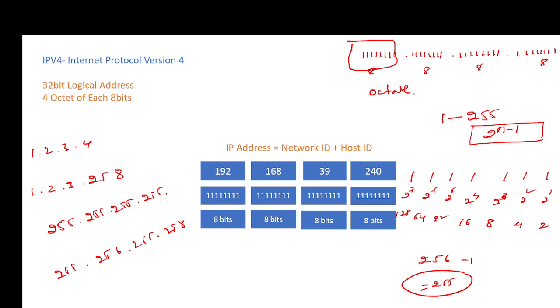So it is invalid. The third one, all 4 octets are there and the numbers are 255, so it is a valid IP address. In the last one, the first octet is matching, the second is not, the third matches, the fourth is not. Hence it is not a valid IP address. So this is how the IP address will be derived. Hope this is clear.